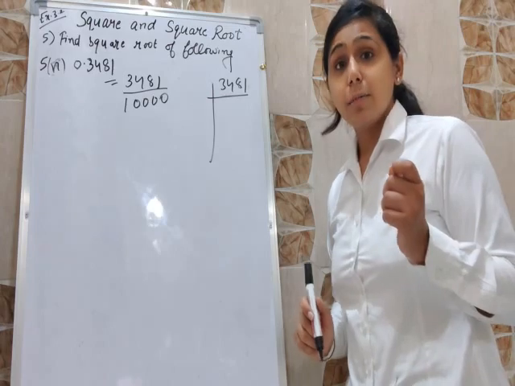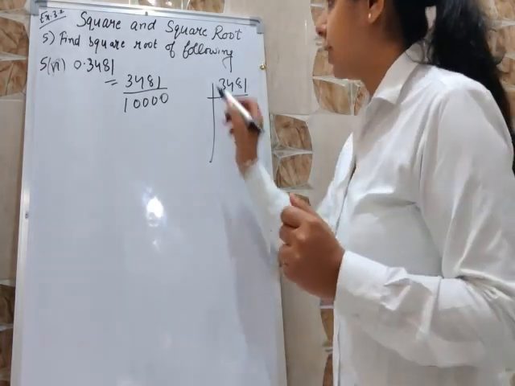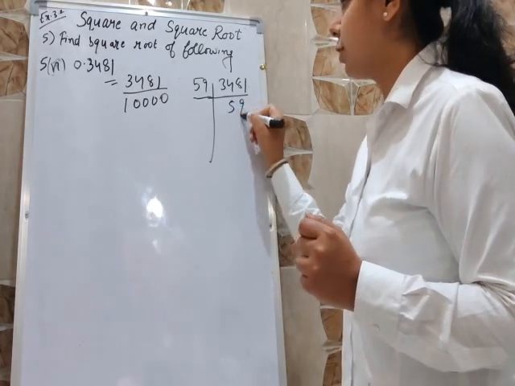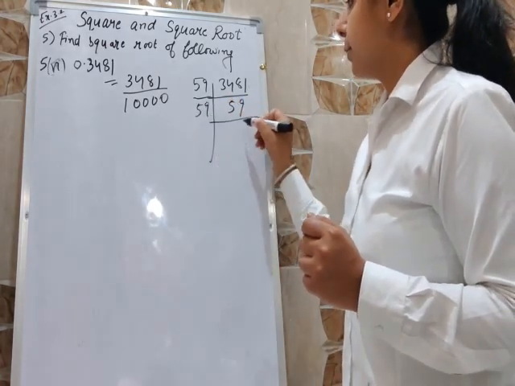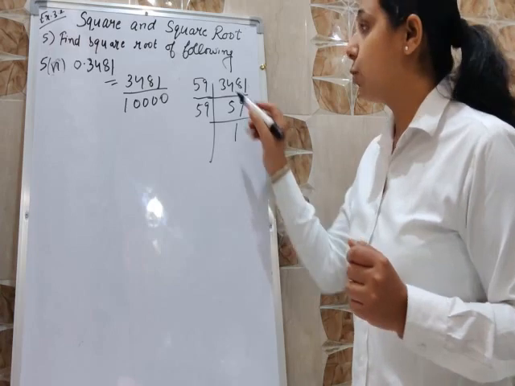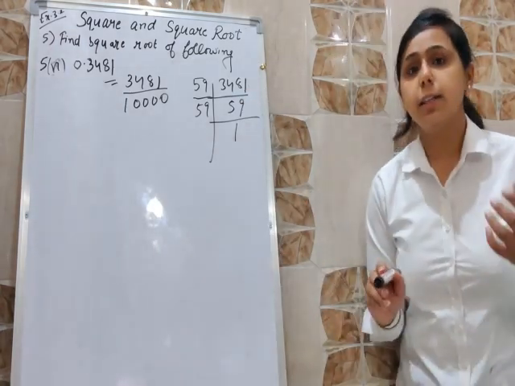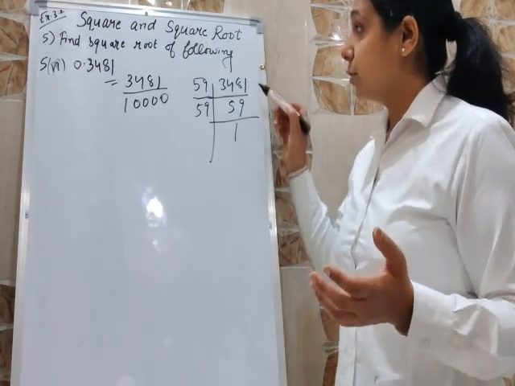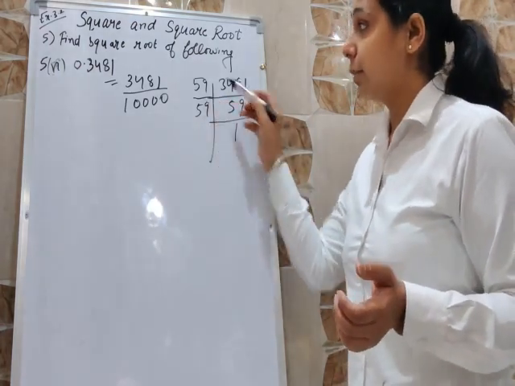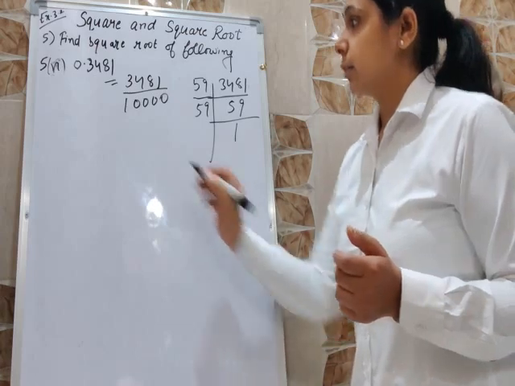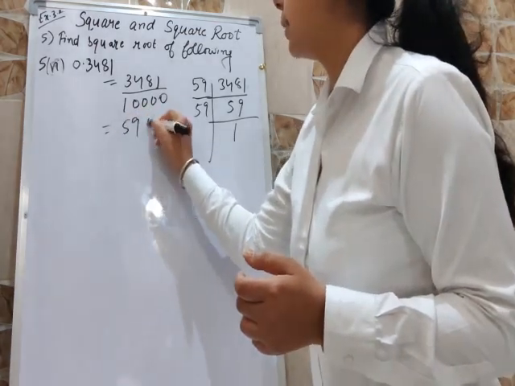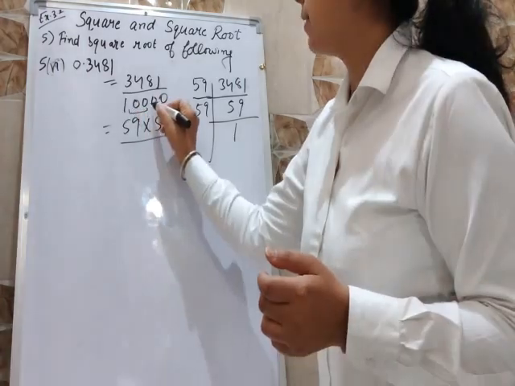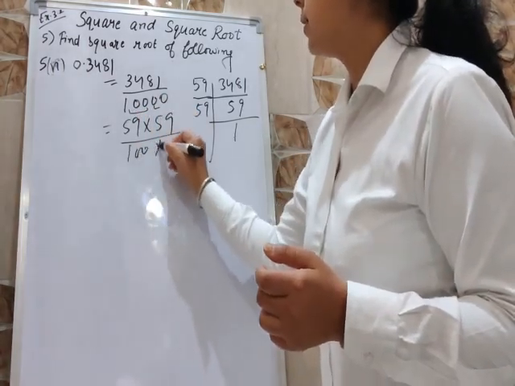Now the last number that it will go on, that is 59. So you have to do a lot of hard work of solving this question, because you have to see whether it will go on the 3, 7, 11, 21, 17, 29. So at the last number that it will go on the 59. So you will write here 59 multiply 59, and of course here you will write 100 multiply 100.